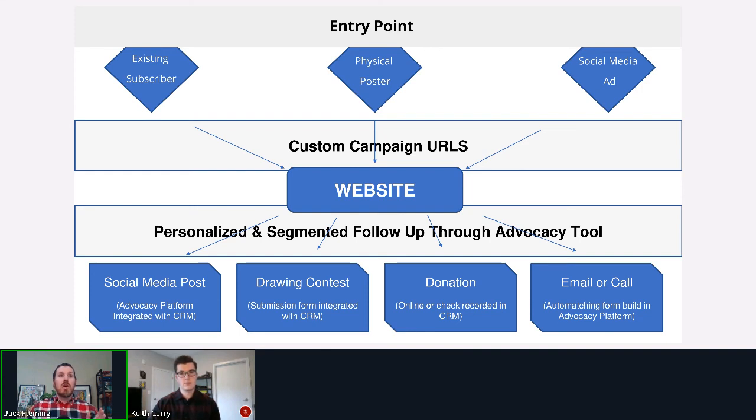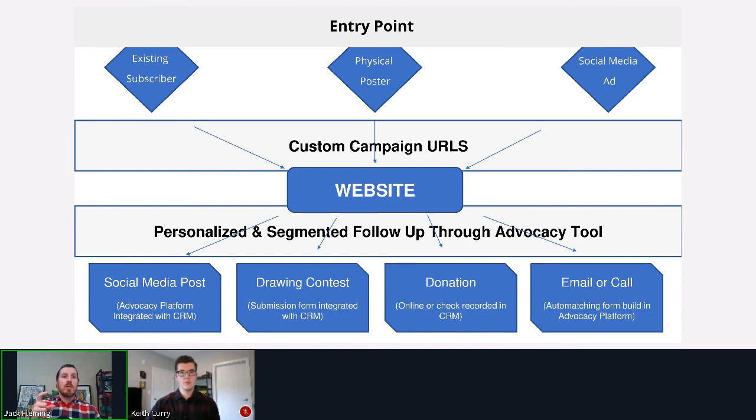For the existing subscriber, we sent them an email and we used a custom campaign URL to append data to the end of that URL, tagging elements to tell us the click that resulted in this visit to our website or this sign up originated from this email that we sent about this topic. For the physical poster that Keith talked about, we put a QR code on it that people could scan with their phone. That QR code essentially was a link to our website.